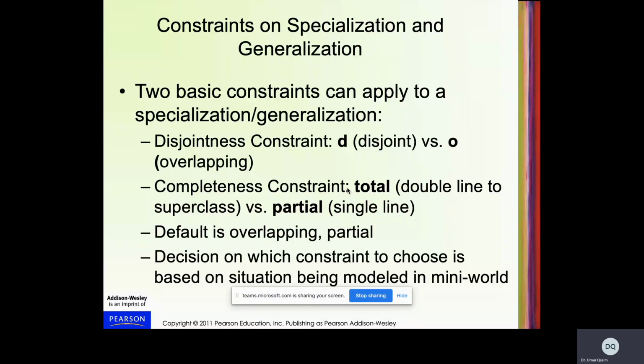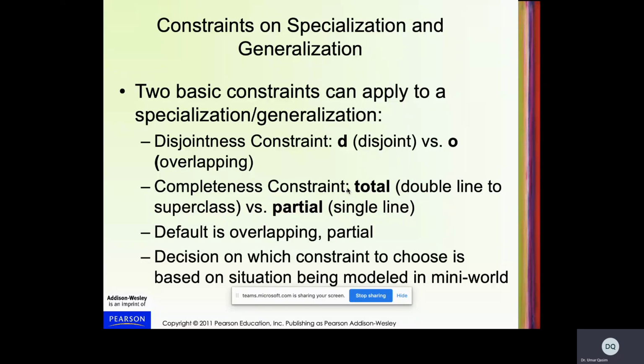I briefly mentioned that earlier: if an entity participates in only one of the classes, it is disjoint; if there's a possibility that the superclass will participate in more than one subclass, then it becomes overlapping. We'll look at some examples a couple of slides down below. The second constraint is the completeness constraint.